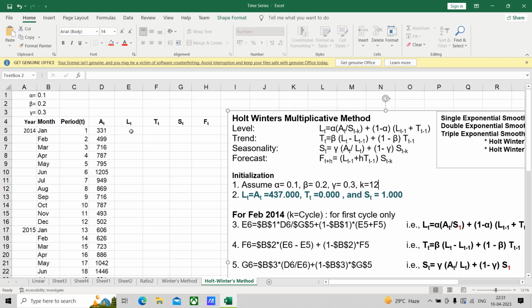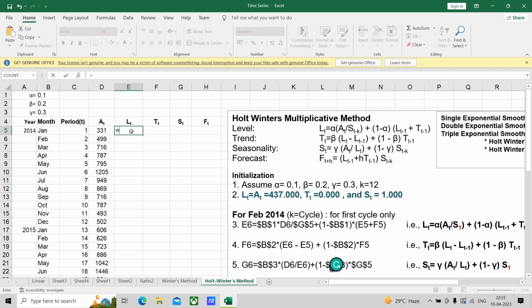To store the demand in this column, we will use a formula. I think you know how to use the Excel sheet to find the value. To implement the formula, we always use the equal sign.